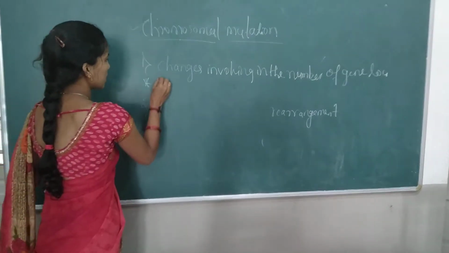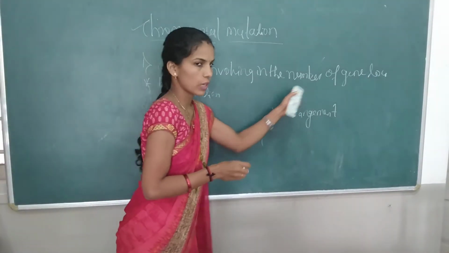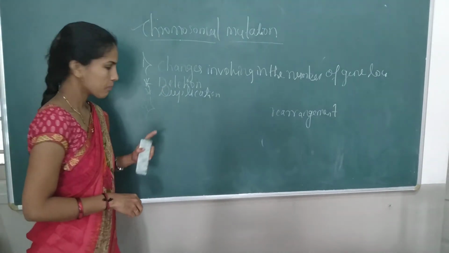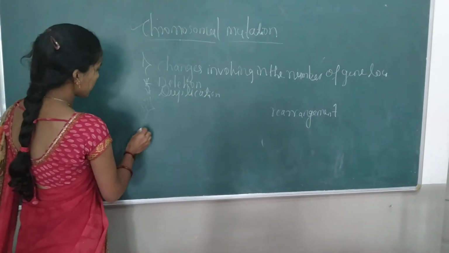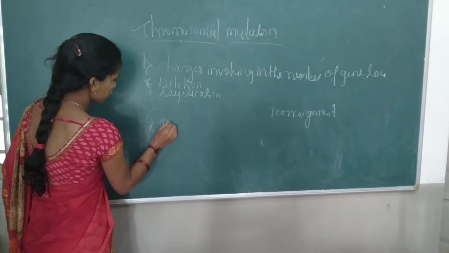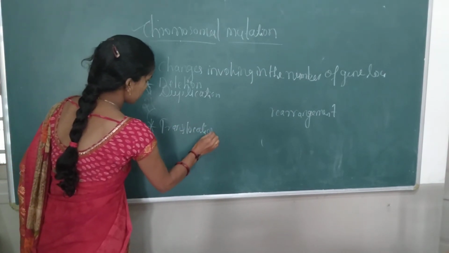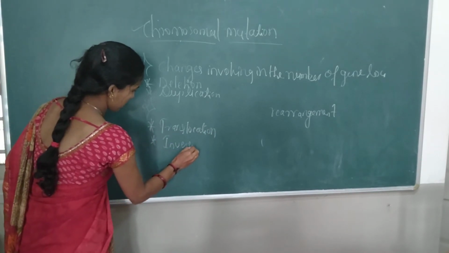The first one we call deletion or deficiency. The second one we call duplication. In the case of the number of gene loci, there are two types: first is deletion, second is duplication. In the case of rearrangement of the gene loci, there are again two types: one we call translocation, and one more we call inversion.